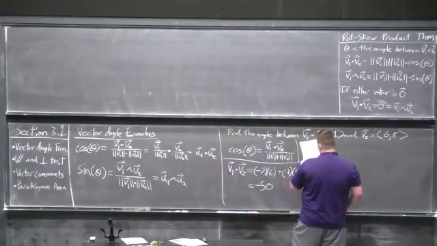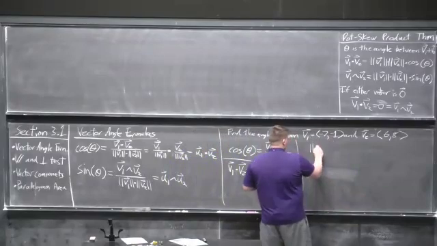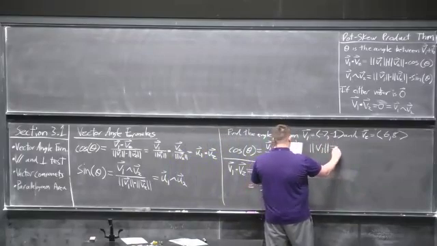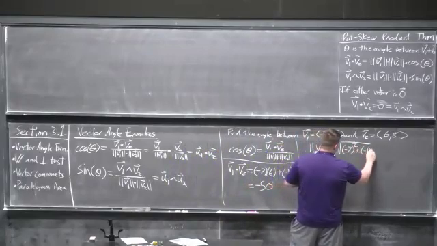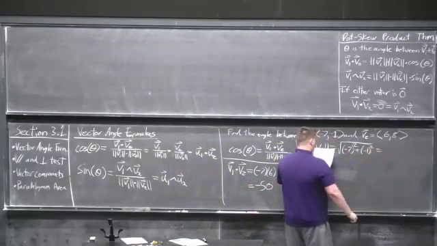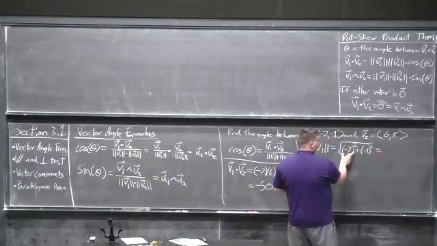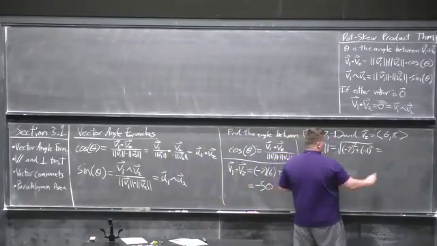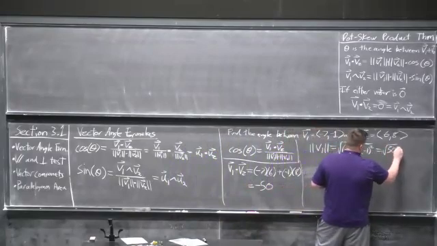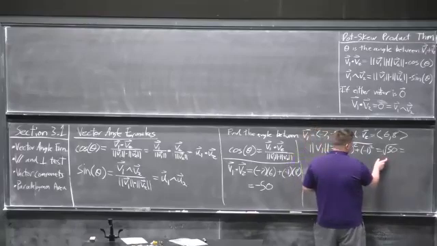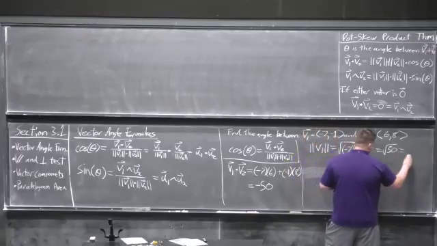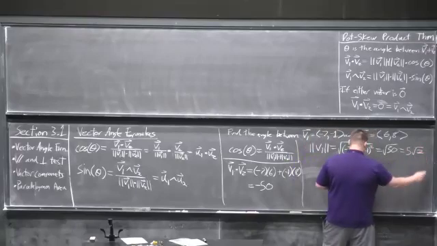Now we can have magnitude of V1 is equal to the square root of negative 7 squared plus negative 1 squared. And that is 49 plus 1, so that's 50. So that's square root of 50. When we reduce this radical, we can pull out a 25, leaving a 2 on the inside, so we get 5 square root 2.